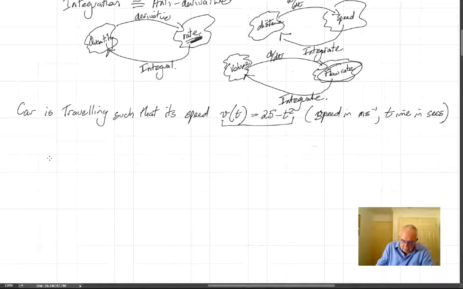What we're asked is, how far does it travel? The domain for t is 0 less than or equal to t less than or equal to 5. So in other words, it's slowing down. How far does it travel before it stops?